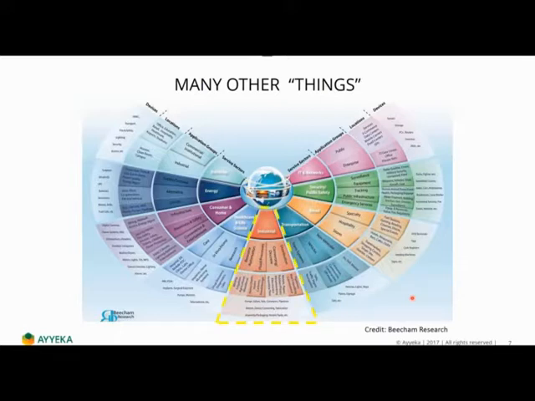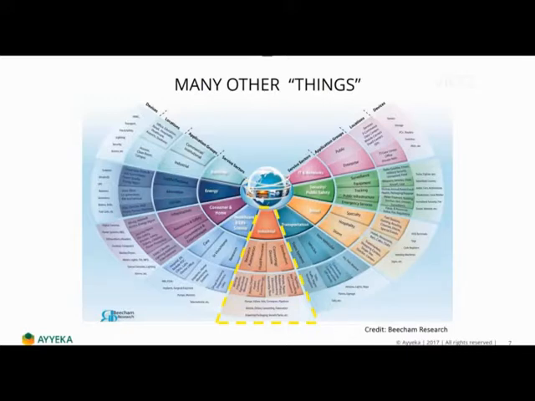Ayyeka, and specifically this webinar, is focusing on the industrial side. And according to some analysts, the industrial segment of the Internet of Things is more or less the same size as the consumer Internet of Things. Some say that it is bigger, some say that right now it's bigger, but then consumer will eventually prevail, but who knows.